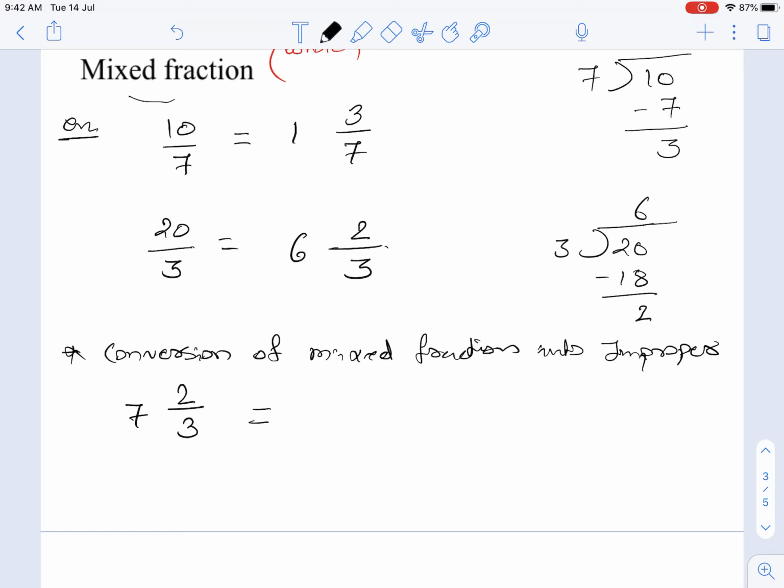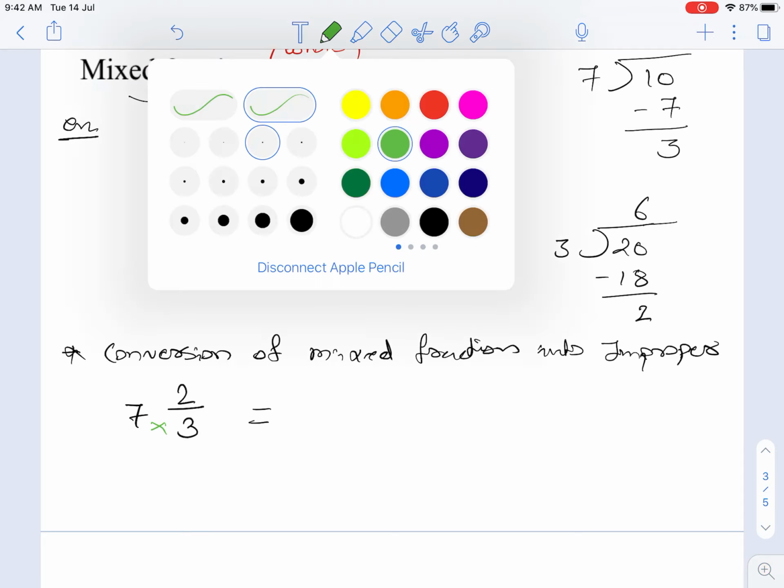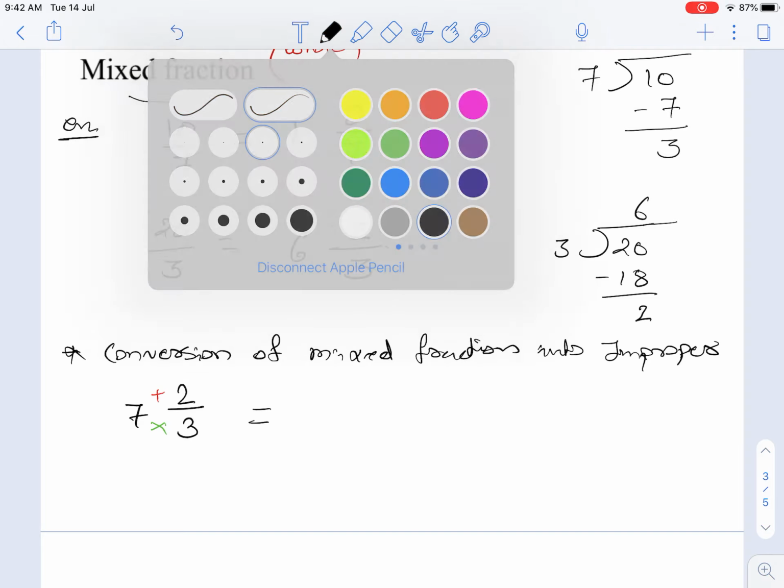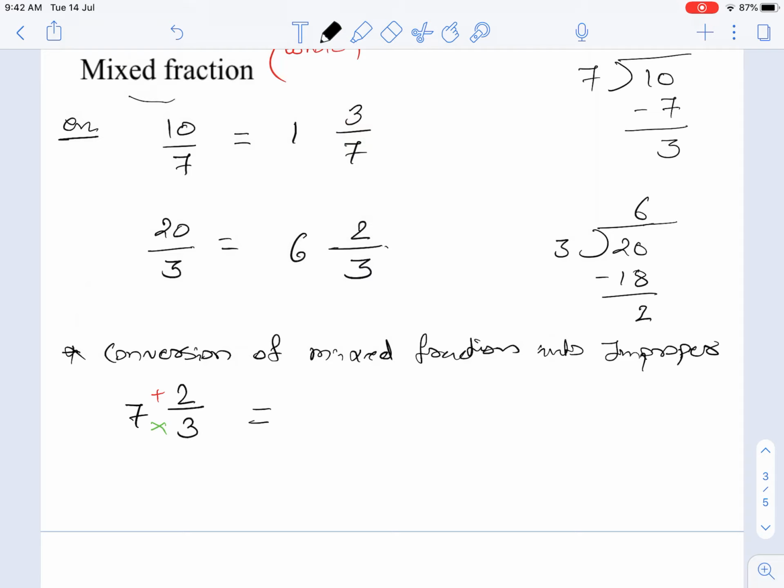So now I want to convert this one. For that, we will multiply this 3 with this 7. There will be a multiplication between these two numbers, and whatever answer we get, we are going to add to the numerator. So we will write it as 3 into 7, plus 2, divided by the same denominator as it is.